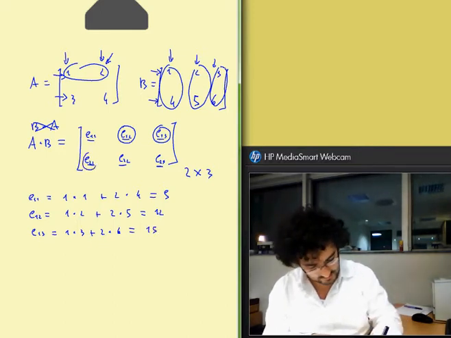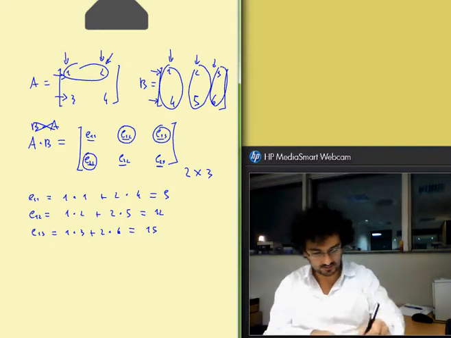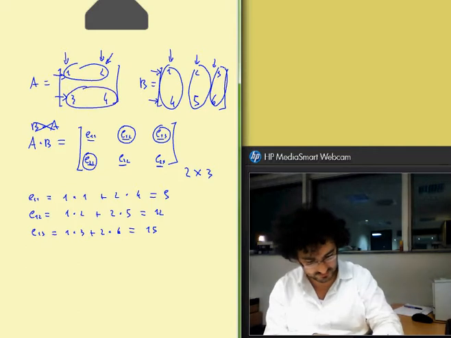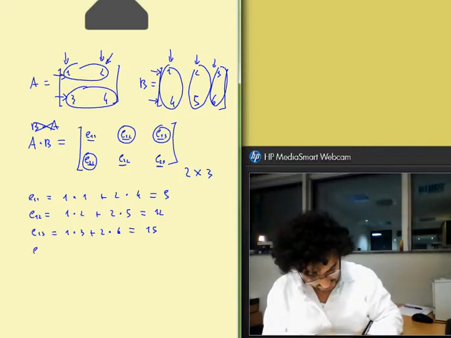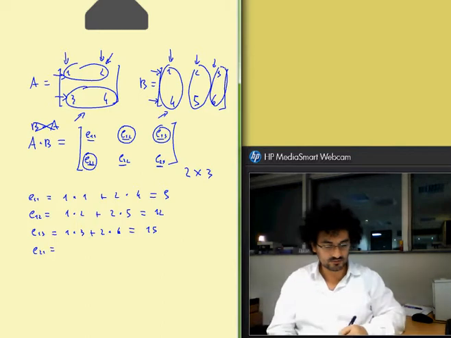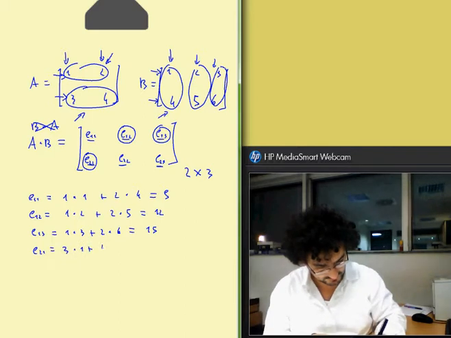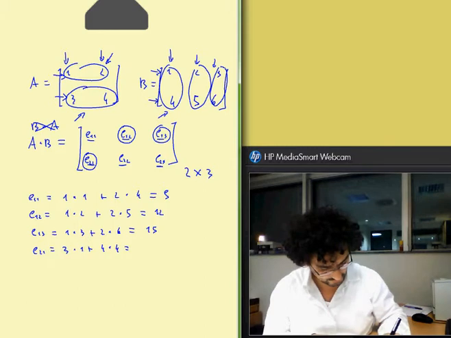Then we consider the second row of matrix A, and C21 will be equal to, considering the second row and the first column in the second matrix, 3 times 1 plus 4 times 4, so it will be equal to 19.